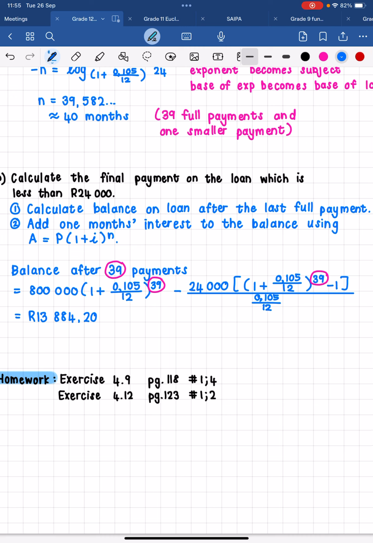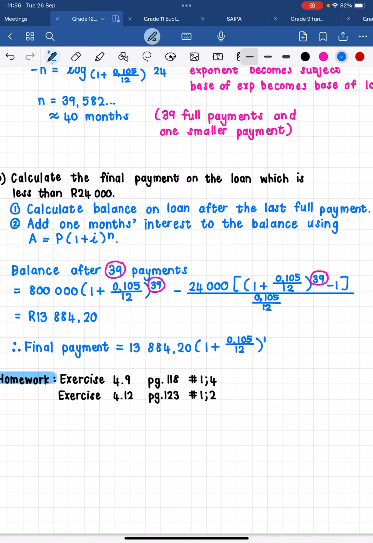Okay. So now we're going to say, therefore, final payment, and like I said, we're using our compound interest formula for this. So the amount that we're starting with now, the P value here, is this balance that we're still owing. So it's 13,884, comma 20, and then 1 plus interest rate.